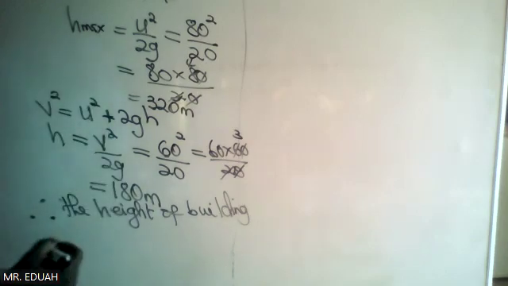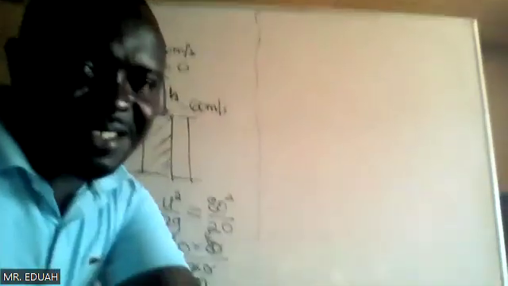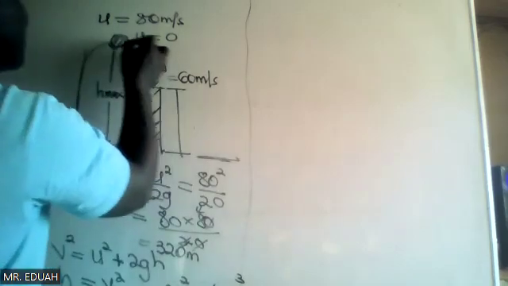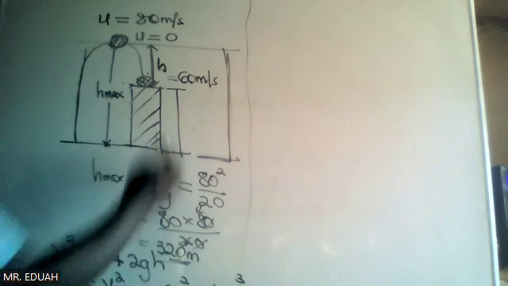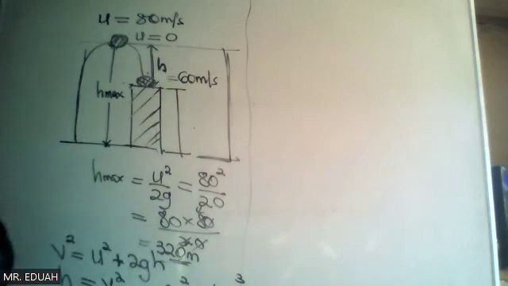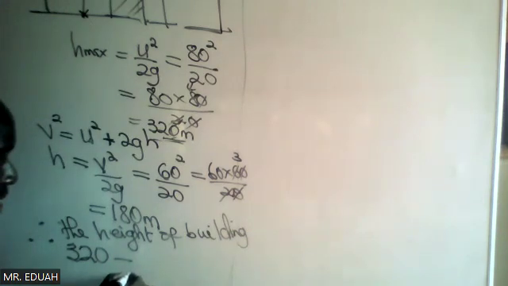Okay, so we have the whole height from the ground to the maximum height is 320. So if this is 180, then we have 320 minus 180.